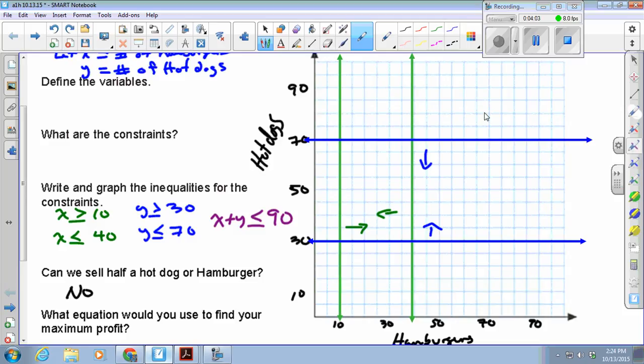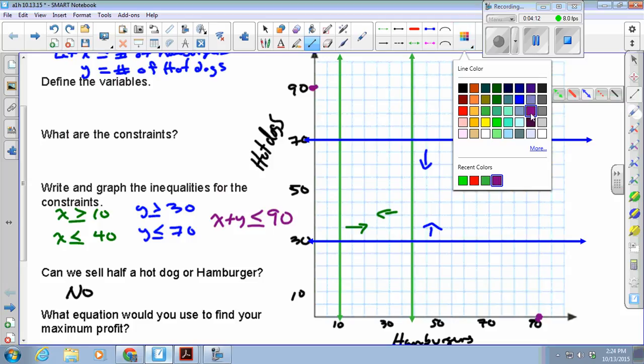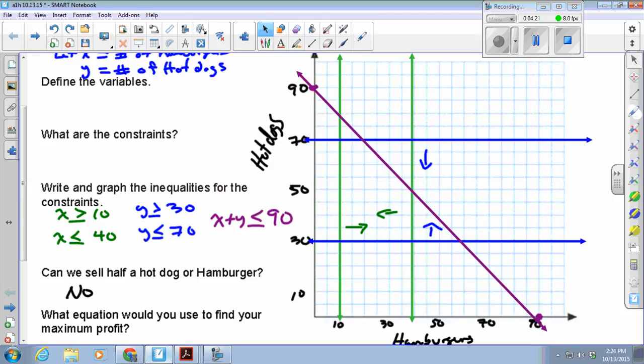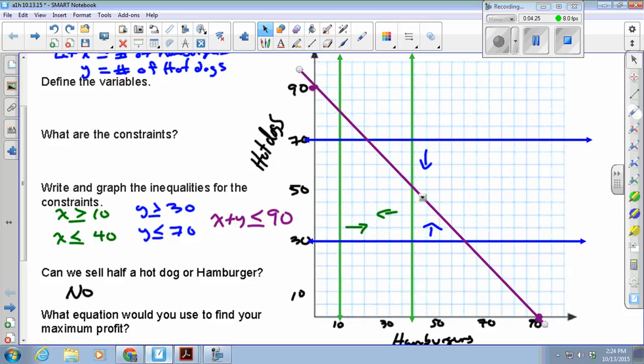That implies I've got a y-intercept of 90 and an x-intercept of 90 and a line that comes through those two points. So let's go ahead and plot that. Missed it. Let's fix that. All right, and now we're going to test it.